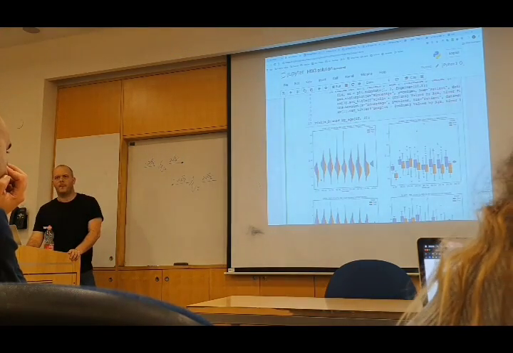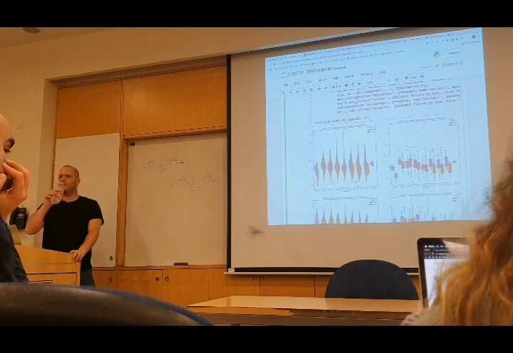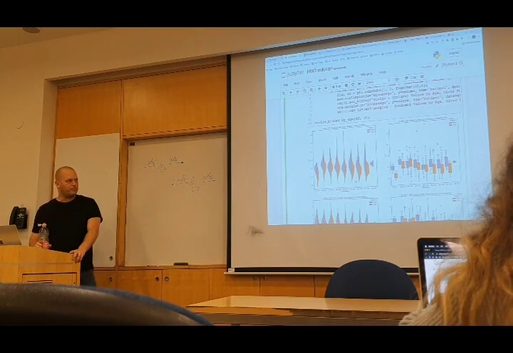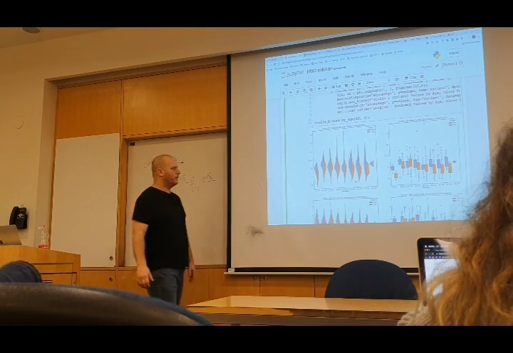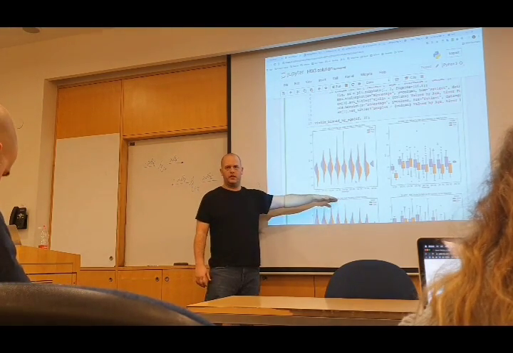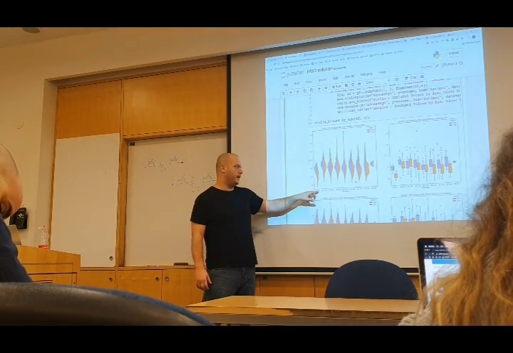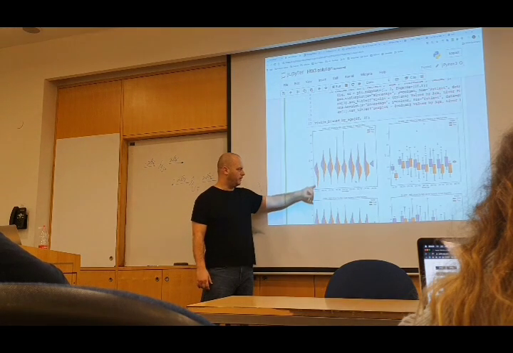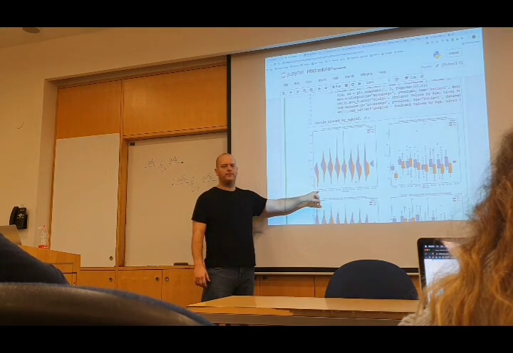Can you explain again how to read the violin? Okay, the violin, first of all, has two features. Each violin has, in this case, a bin of age, for example 0 to 10.